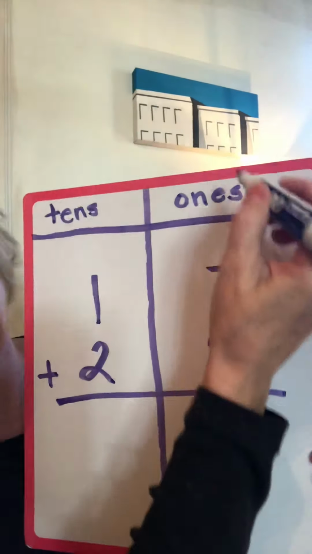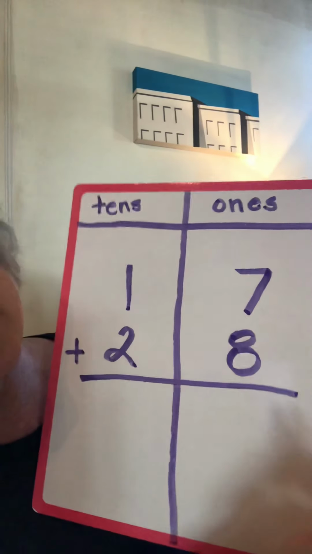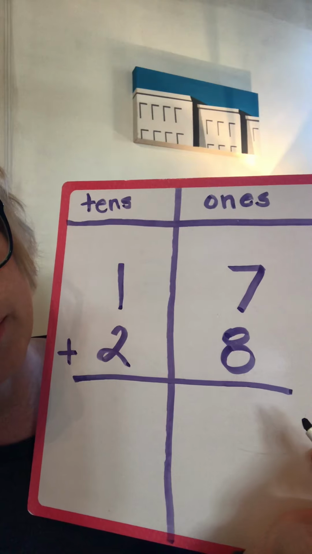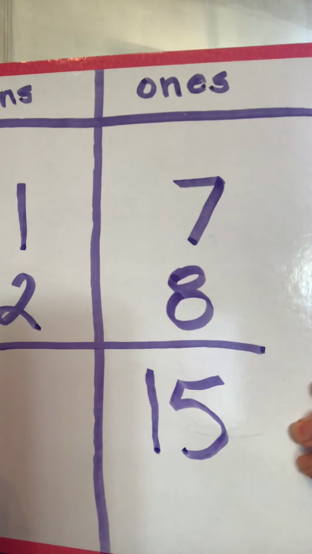All right, so we're gonna always start with the 1s column when we're adding. So 7 plus 8 is 15. All right, guys, do we just write a 15 in that column? We do not.